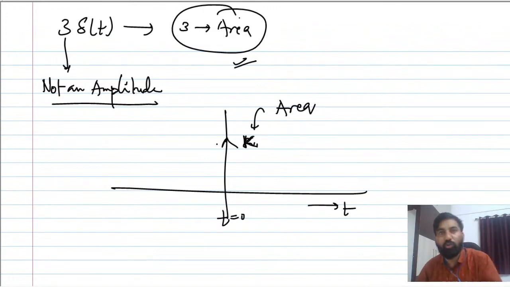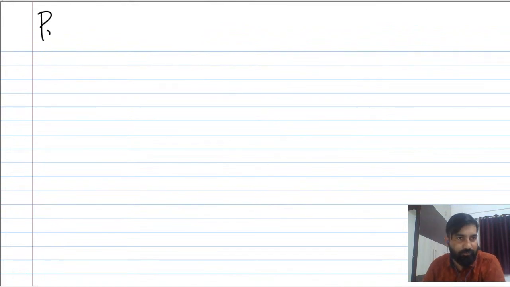Because this arrow will go to infinity. As you put t equal to 0, the arrow goes to infinity, so you can say that for an impulse at t equal to 0 we are getting infinite amplitude, but it is not possible practically. So let us talk about some of the properties of the impulse function.